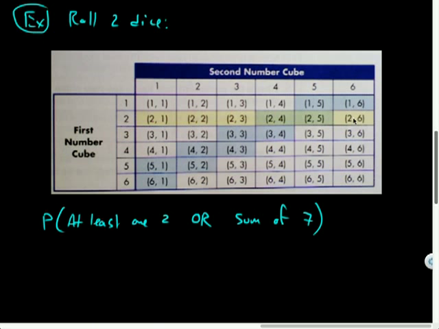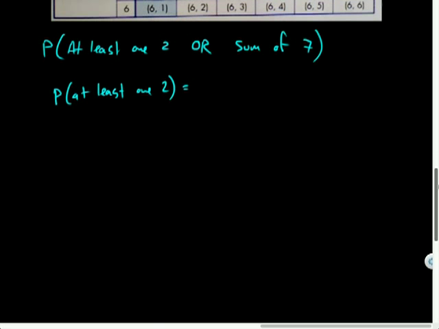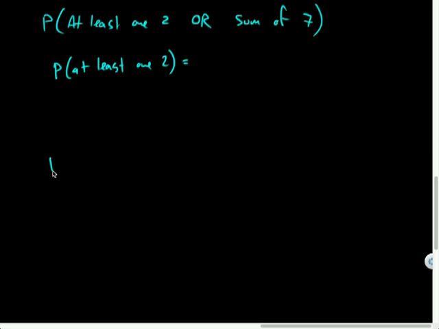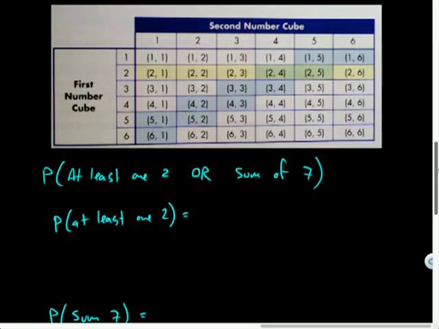Okay? So for the probability of at least one 2, I'd find that probability. We'd find the probability of sum 7, and then I'd find the probability of both, because they are inclusive events.